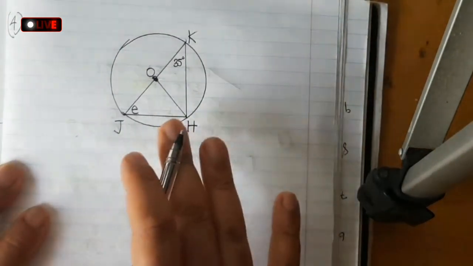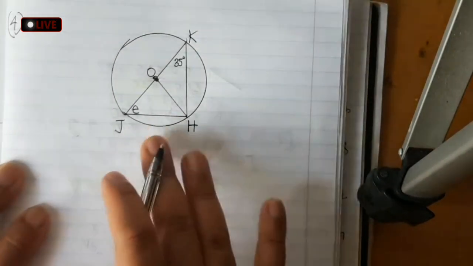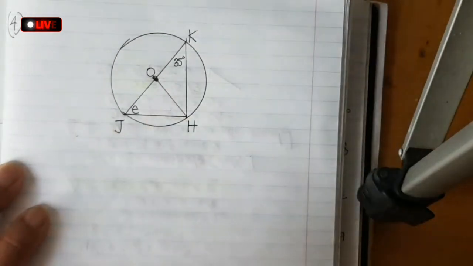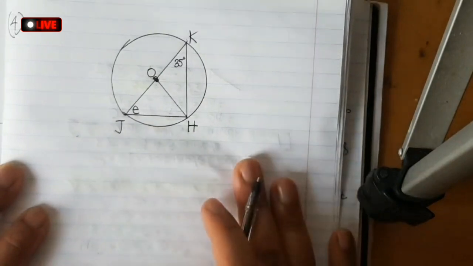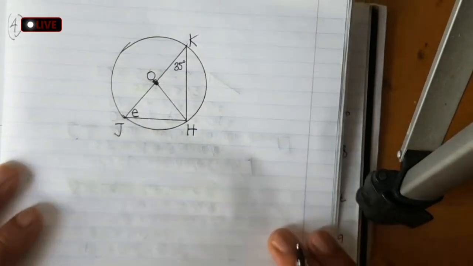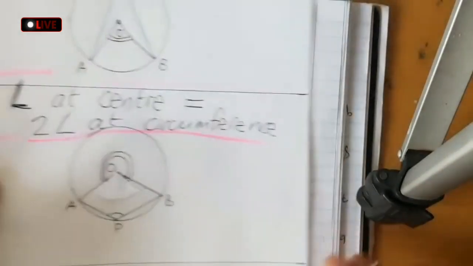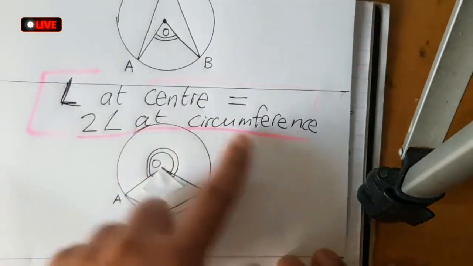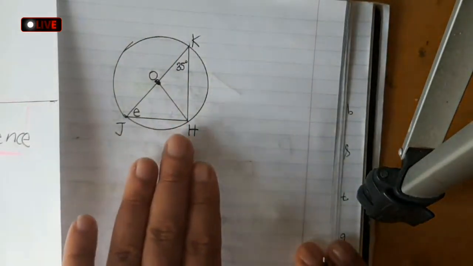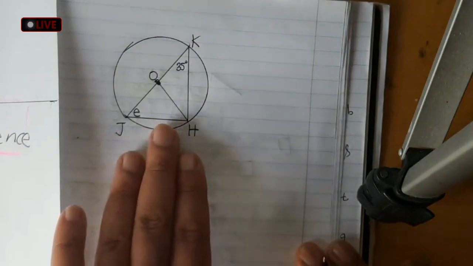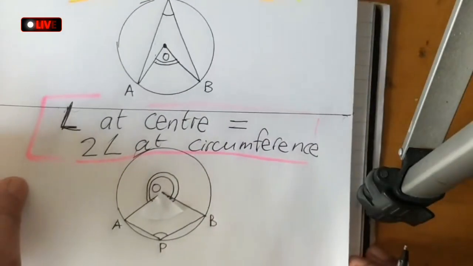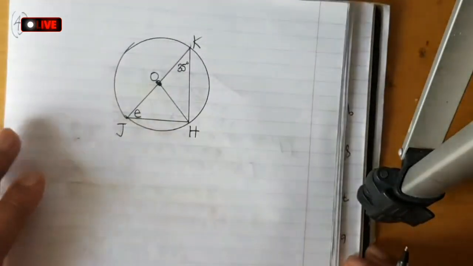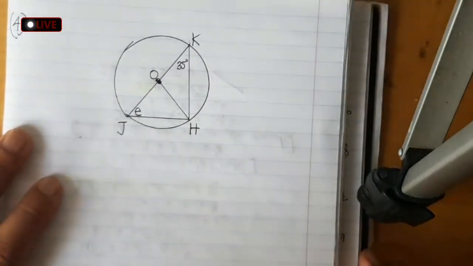The next question has many solutions as I've said, but I'm just going to focus on one solution. Remember, we've been focusing the whole time on this theorem, but this is like the second solution. The other solution is where you use this theorem here. We can also use other theorems.